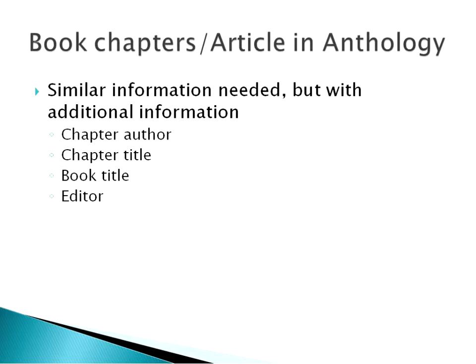Additionally, most of these types of books, where you have multiple authors writing different chapters, will also have an editor. You would need to know that information as well. Then you would also need the publishing information like we talked about, city, date, and then the page numbers of that chapter.